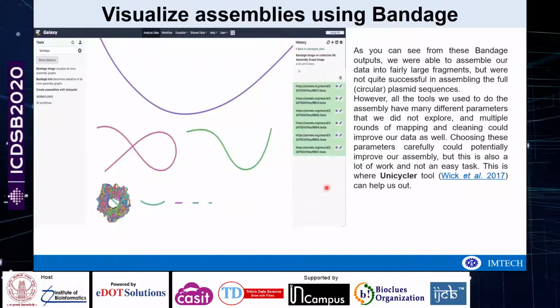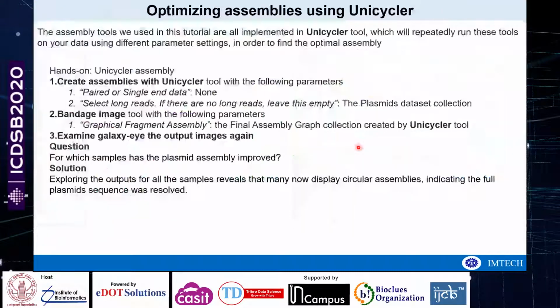This particular problem can be overcome by using the Unicycler tool, which is basically a refinement tool. The assembly tools we used in this tutorial are all implemented in Unicycler, because for assembly there are several tools like SPAdes, and Unicycler will repeatedly run these tools like SPAdes or Velvet on your data using different parameter settings.